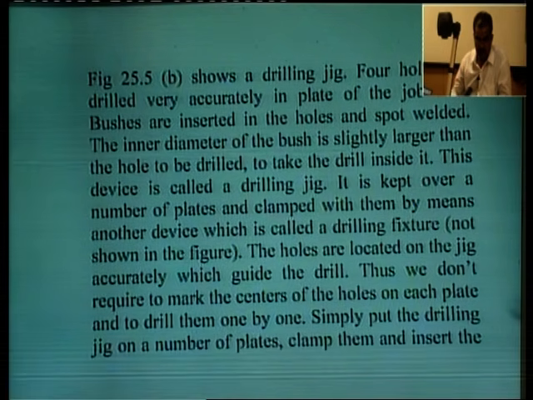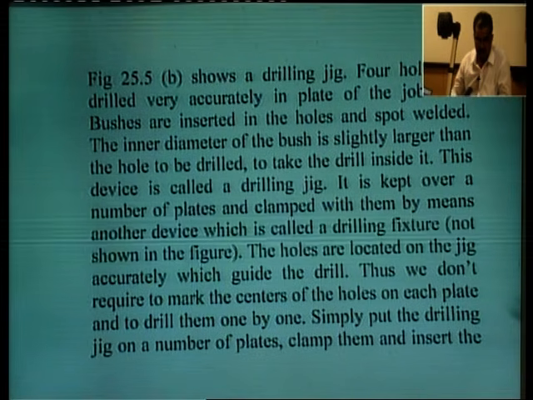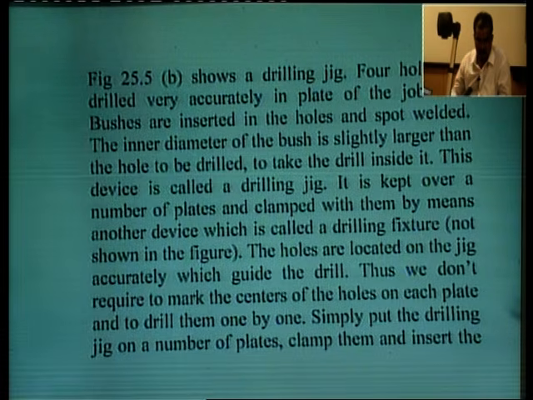The holes are located in the jig accurately, which guide the drill. Thus, we do not require to mark the center of the hole on each plate and to drill them one by one.